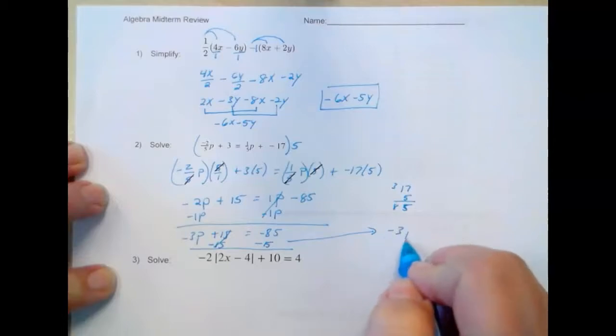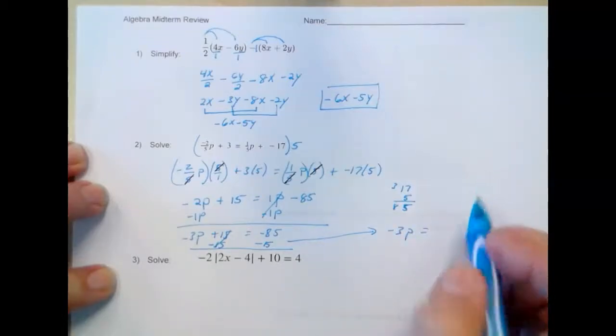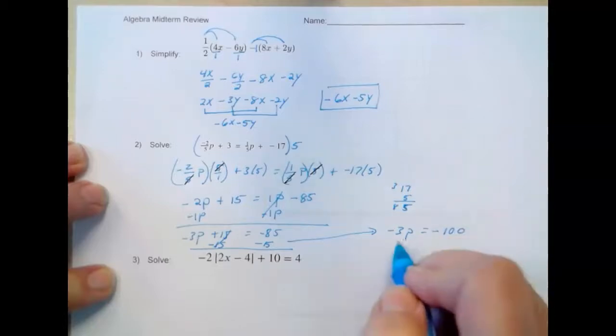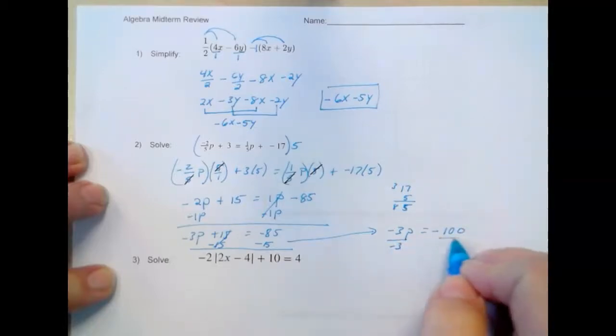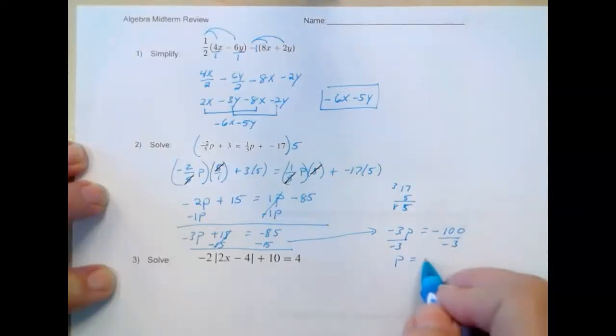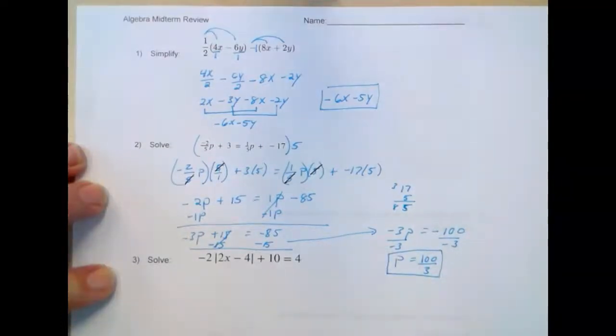So I have -3p equals -85, and a -15 make a -100. And then we're going to divide both sides by -3. And I have p equals a negative divided by a negative is a positive, which is 100 divided by 3. If I could reduce the fraction, I would, but that fraction does not reduce.